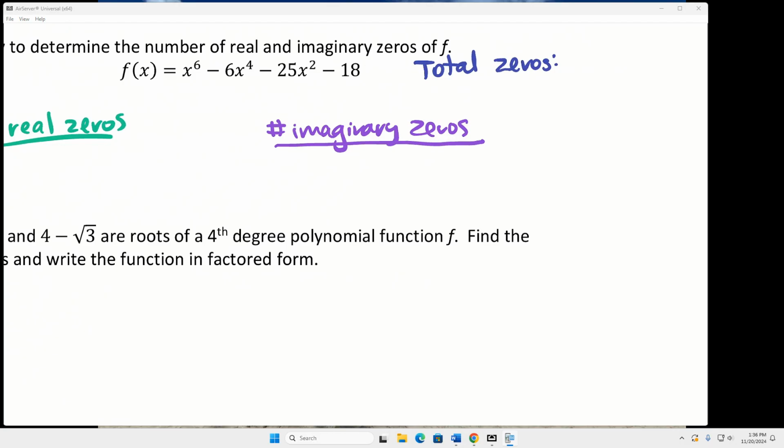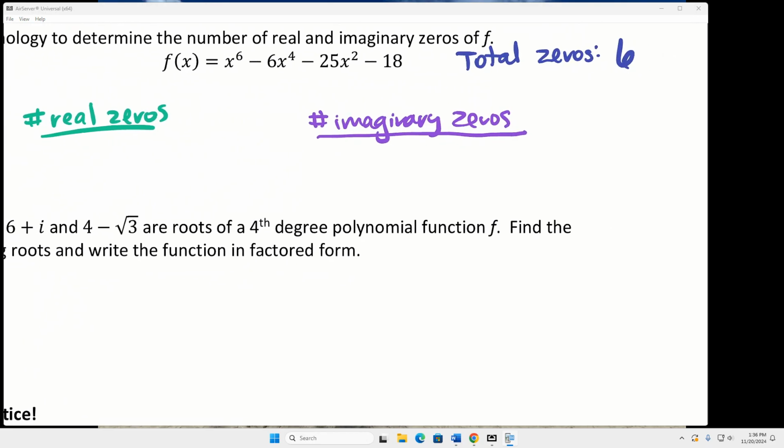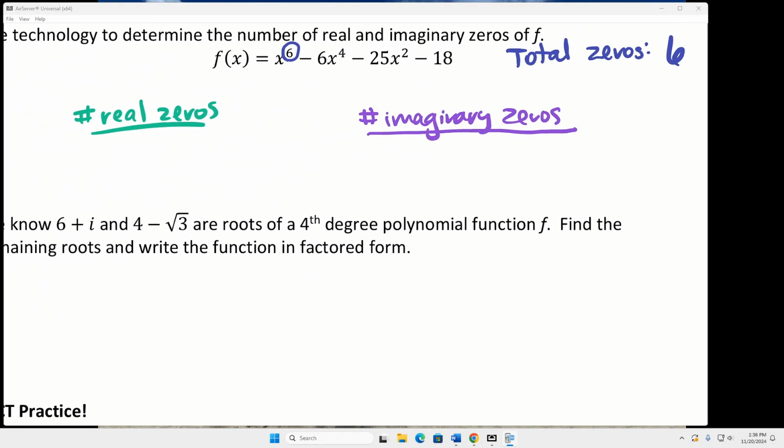It's whatever the degree is. So it should just be 6. Whenever it's in standard form where there's no parentheses, the easiest way to find the degree is just look at the largest power. All right, so that's counting all imaginary, real, and multiplicities. There should be 6 total zeros.